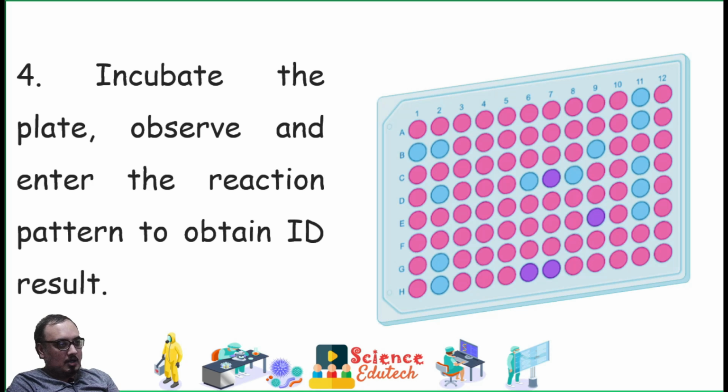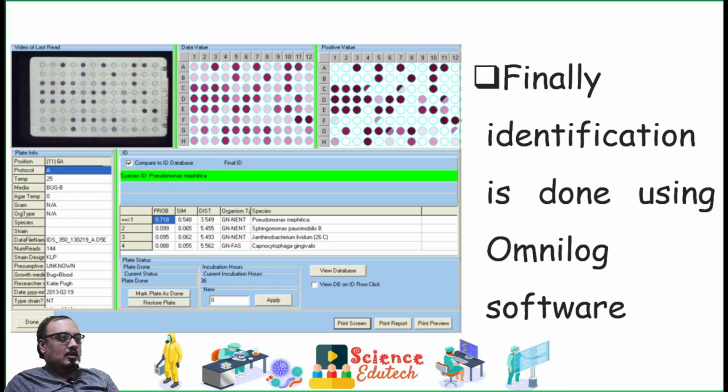Now you can observe the reaction pattern to obtain the identification result. And finally, with the help of the identification software known as Omnilog software, you can identify the bacteria which is present, or you can also determine the chemical and sensitivity assays.